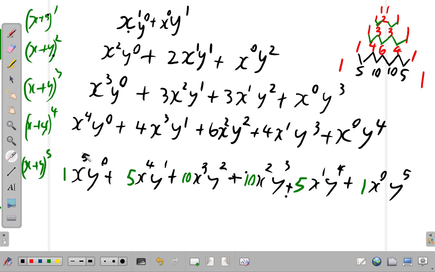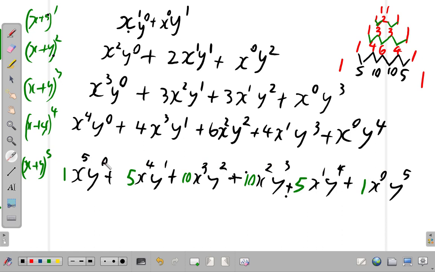And you saw that the power of x was the same as the power of the entire binomial expansion, x plus y to the 5. The highest power of x was 5, then it goes down by 1 each time. The next term it went to 4, then 3, then 2, then 1, then 0.